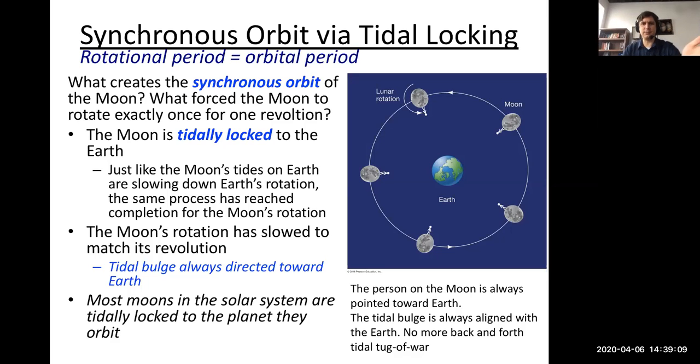And if we think about it, the moon is much less massive than the Earth. It's an eighth the mass, which means that it has less momentum. It's easier to slow down things that have less mass. The Earth also has more mass than the moon, meaning that the tidal force of the Earth acting on the moon is a lot stronger. The tides pulled on the moon from the Earth are pretty large.